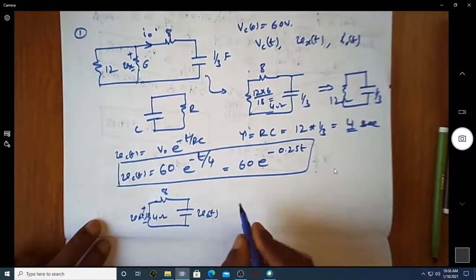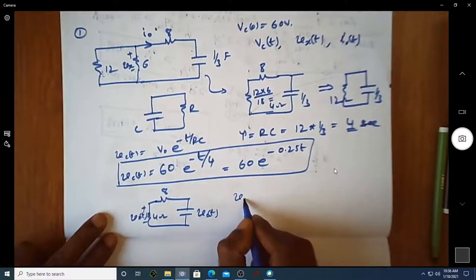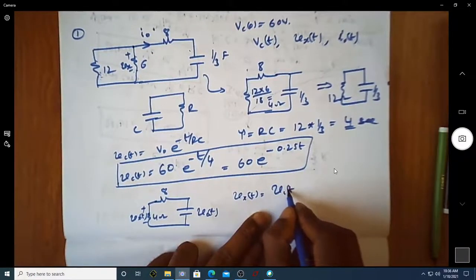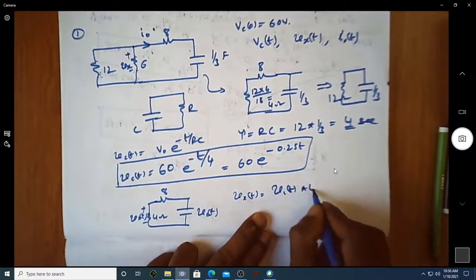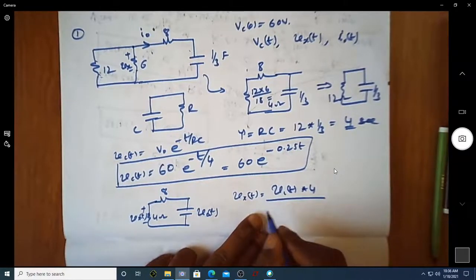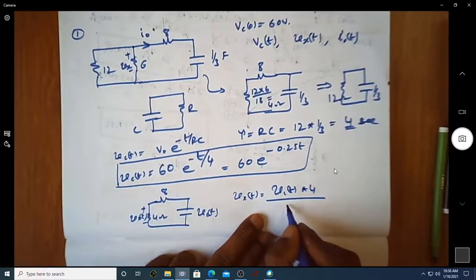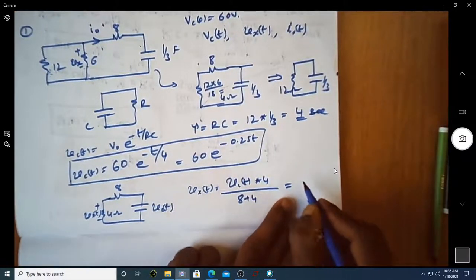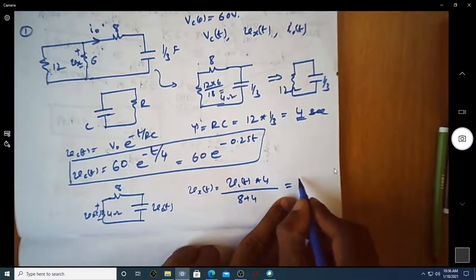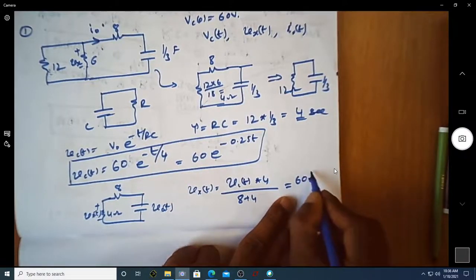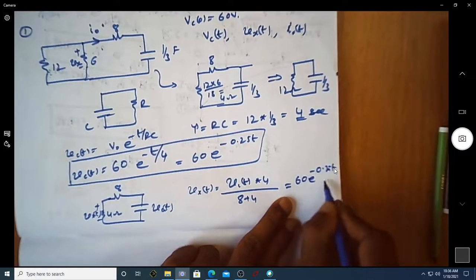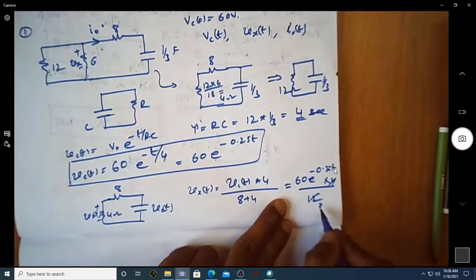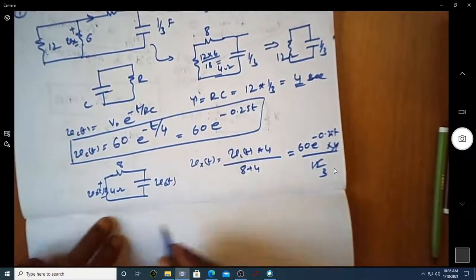From this circuit diagram, I can write Vx of t as equal to Vc of t multiplied by 4 ohm divided by the overall resistance. This is like a potential divider. The overall resistance is 8 plus 4, which is 12. So this is 60 e power minus 0.25 t into 4 divided by 12, which is 1 by 3.